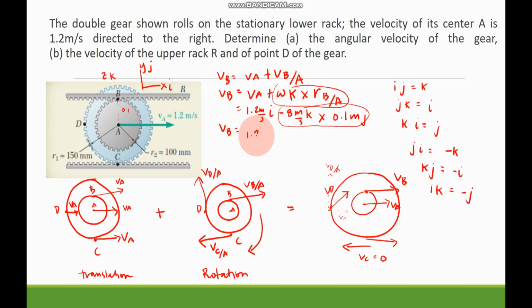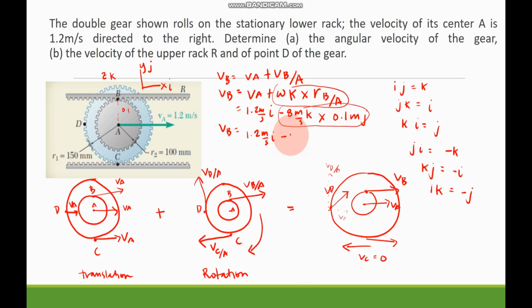So 1.2 meter per second I. So K and J is equal to negative I. So it is equal to negative 8 multiplied by 0.1 is equal to negative 0.8.